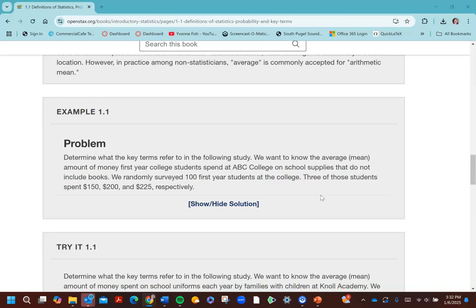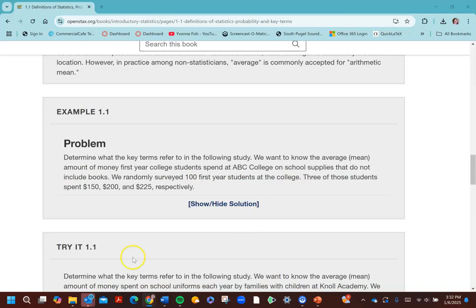And then what is the sample? So we have population, sample, parameter. You might want to jot those down. Statistic. What is the variable we're talking about in this problem? And what are we referencing as data?